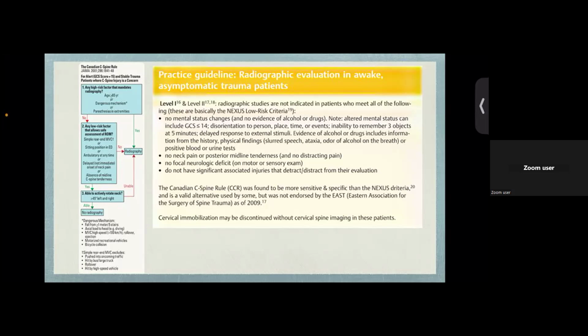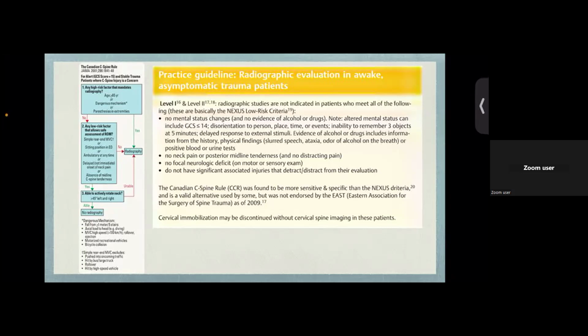So were they in a simple motor vehicle accident? Are they in a sitting position? Were they ambulatory at the time? A delayed onset of neck pain? Are they able to actively rotate their neck? If the answer is yes to any of these, then no. However, if they're unable to do any of these, then yes, we will go to radiography.